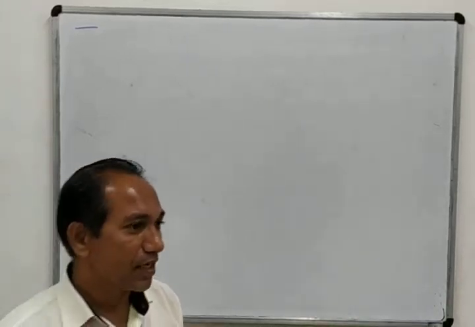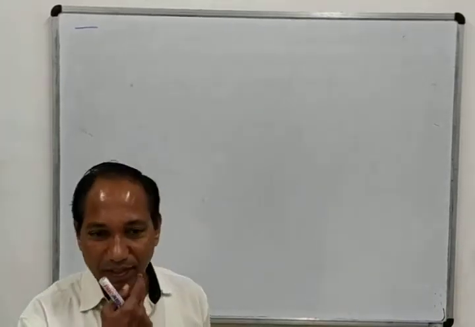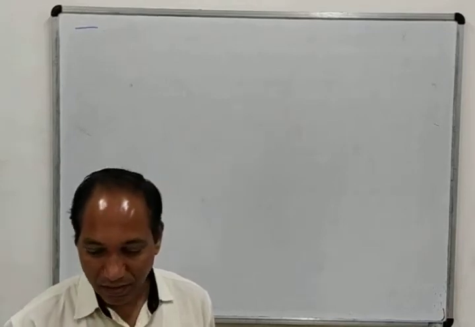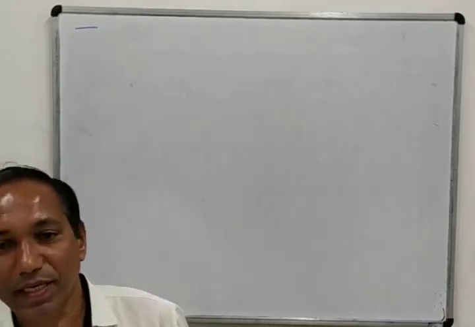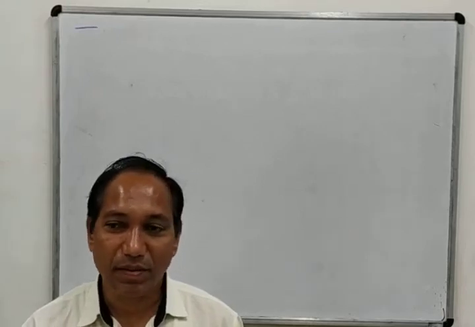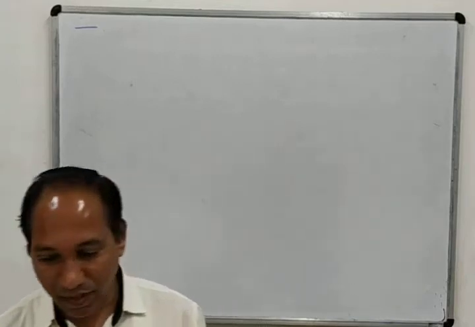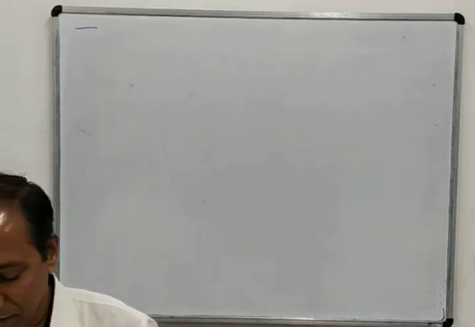And I told you that you must remember about complete graph because this is very much useful. A complete graph is a simple graph in which every vertex is joined with all other vertices by means of an edge. Then also we have seen a multigraph and a pseudograph.